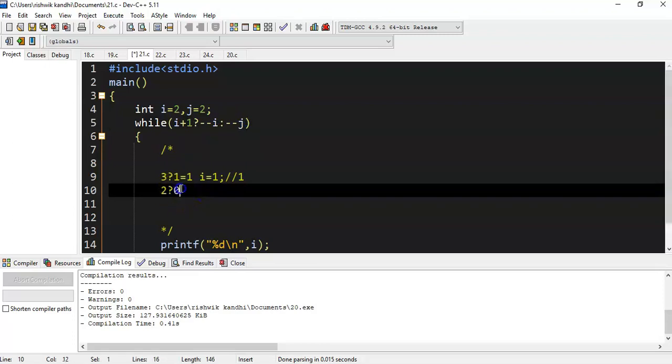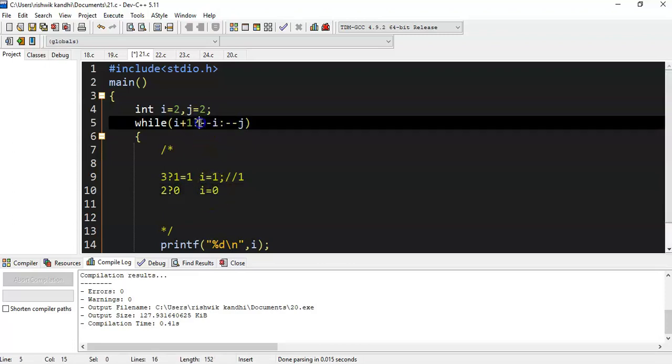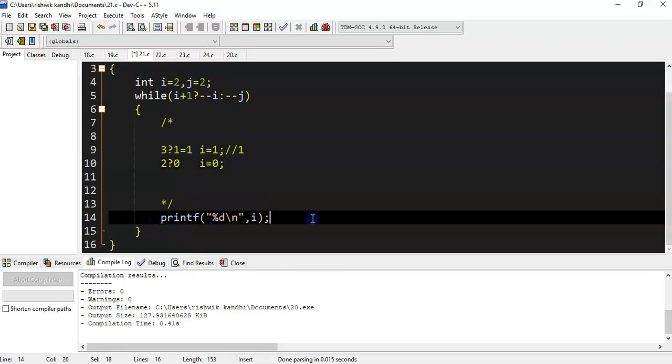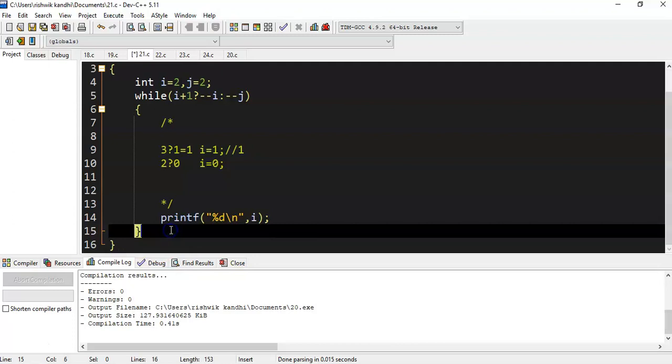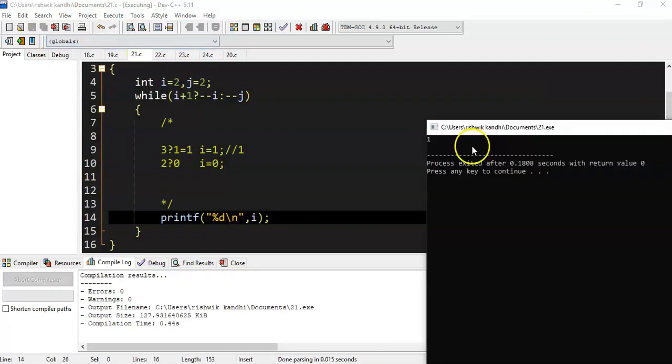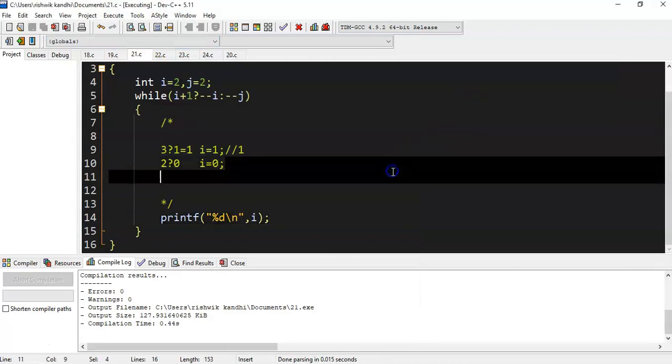So here you are returning 0 as the output, that is i value is 0. While of 0 is a false value, so printf would not be evaluated. That means loop body will not be evaluated and loop breaks here. So output would be only just 1. If you execute this, only one iteration, 1 will be printed.